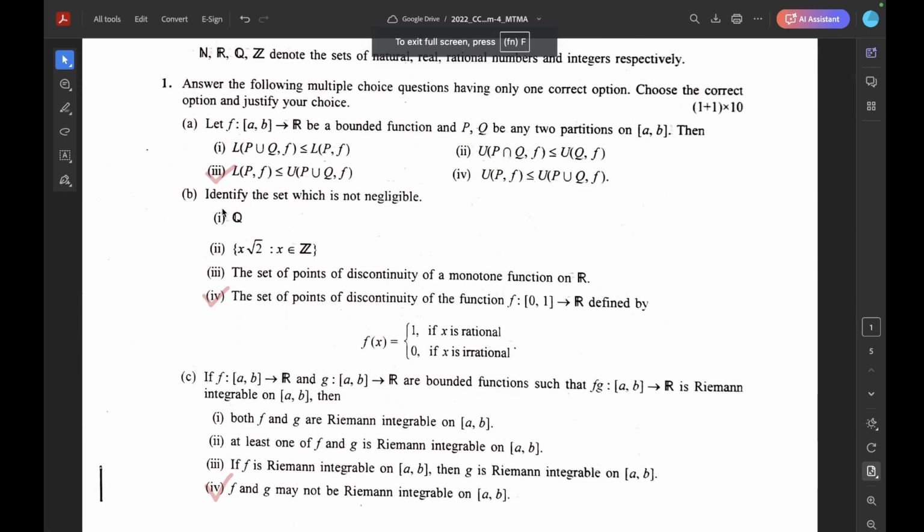Next, question b: identify the set which is not negligible. Correct option 4: the set of points of discontinuity of the function f from the closed interval [0,1] to R defined by f(x) equal to 1 if x is rational and 0 if x is irrational.